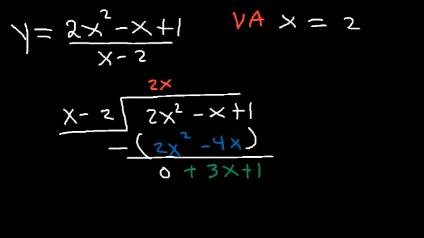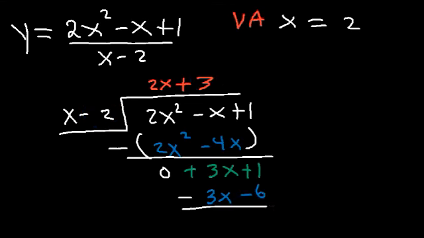So now let's divide. 3x divided by x is 3. 3 times x is 3x. And 3 times negative 2 is negative 6.